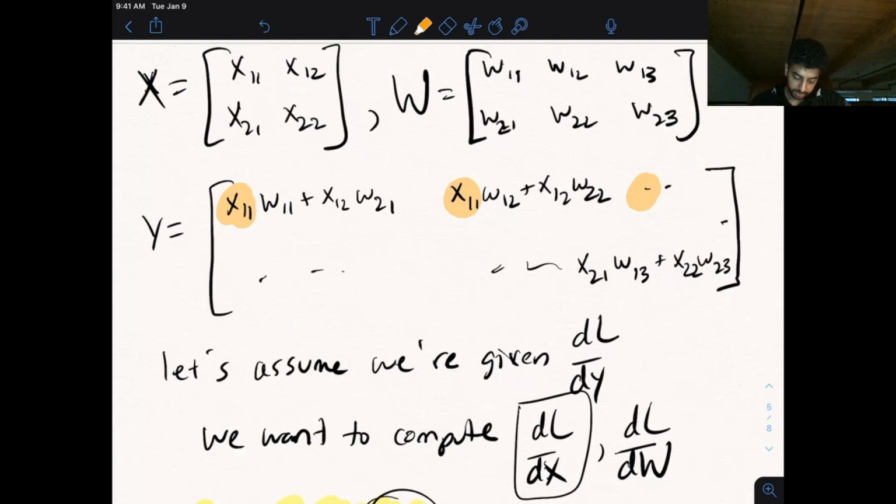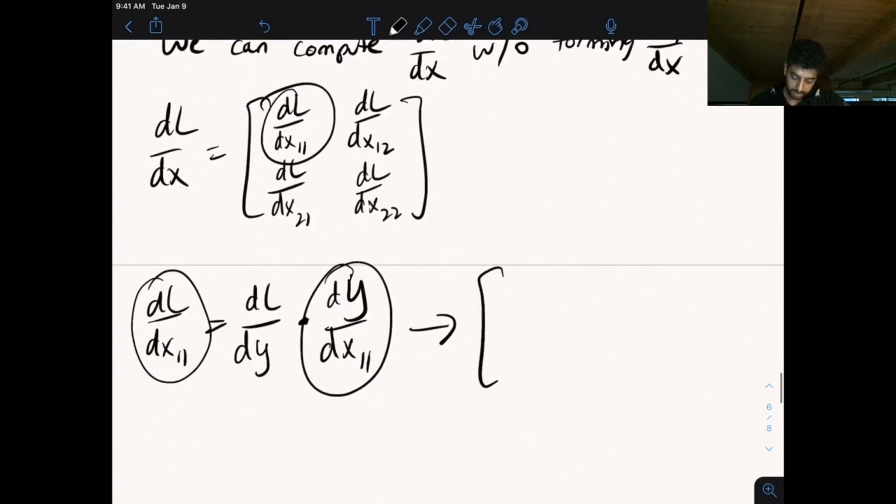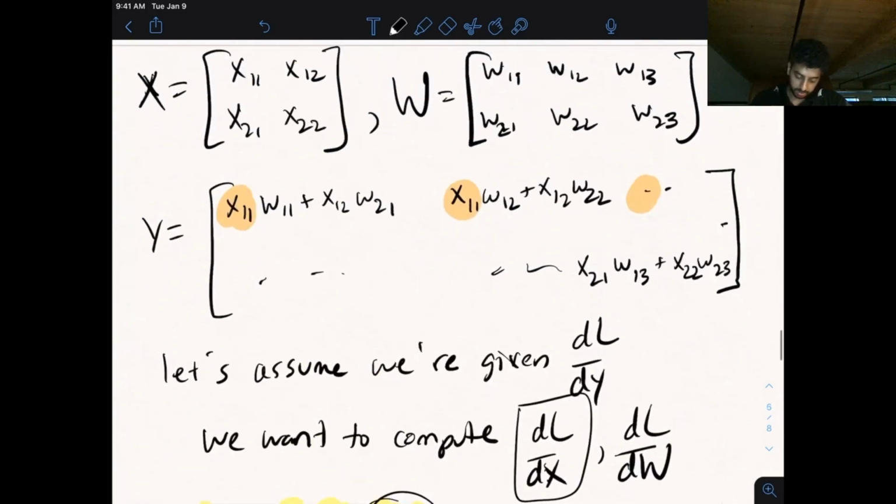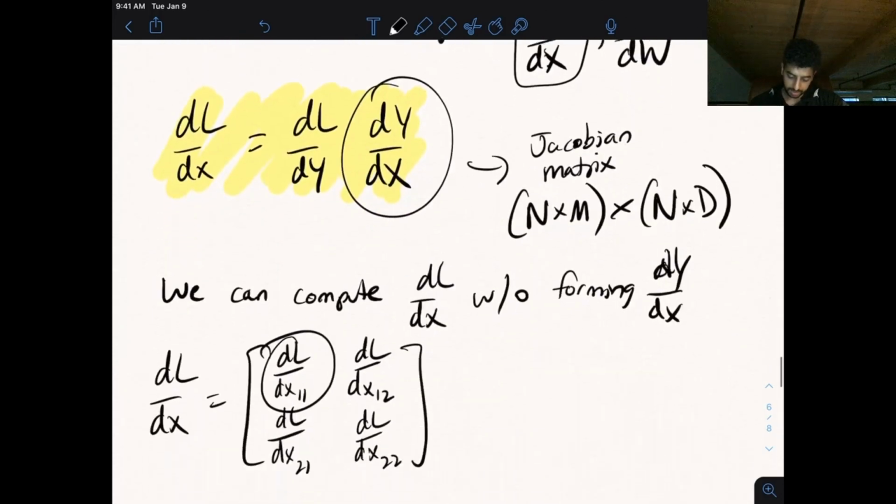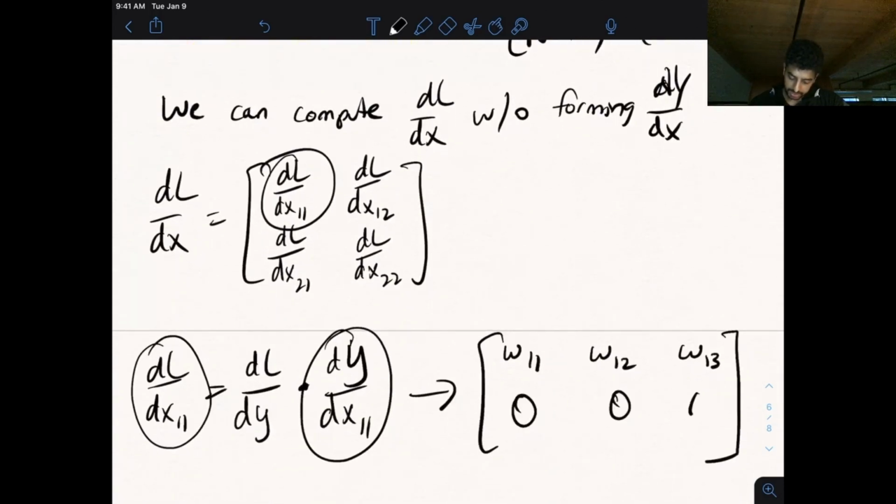You can look at what is being multiplied with x11 to get an idea of what the derivative is. Here it's w11, here w12, and in this case w13. So we get w11, w12, and w13. And in the second row, note that there are no occurrences of x11. Now we're in the second row, so we're looking at x21 instead, or x22, x23. So all of these terms are 0.